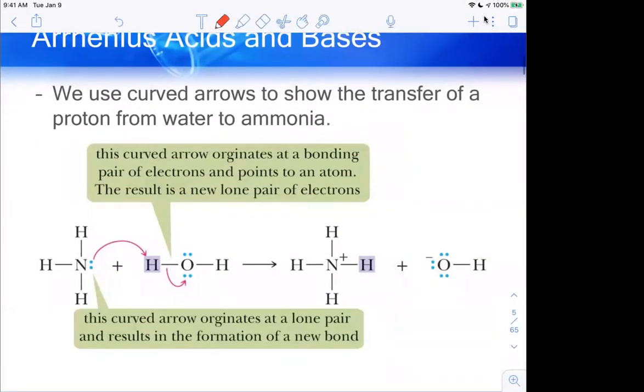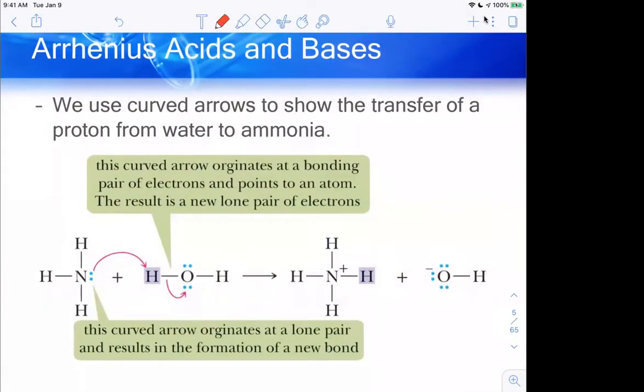We're going to use curved arrows to show this as well. This lone pair is going to attack the hydrogen, and then this pair of electrons that forms that bond is going to go on to the oxygen. So I'm forming this bond.